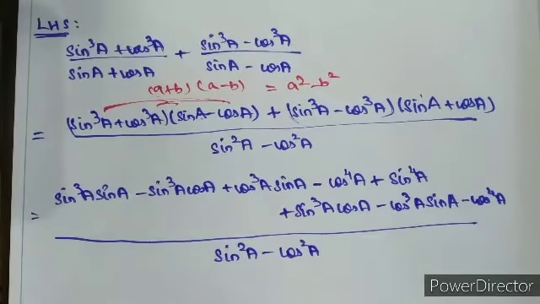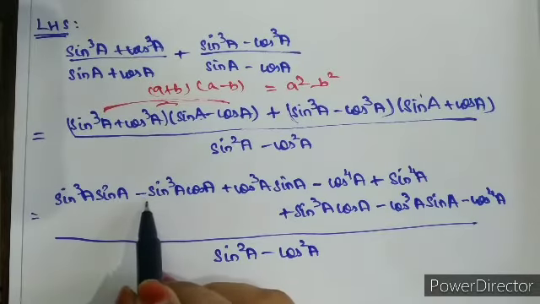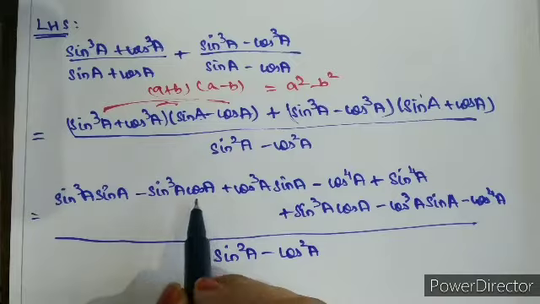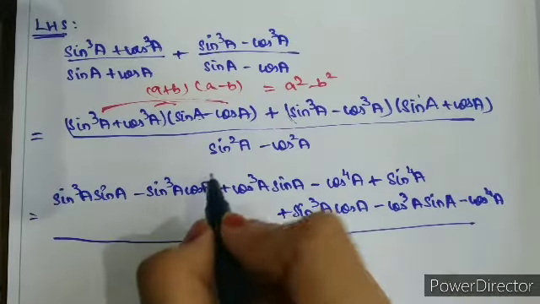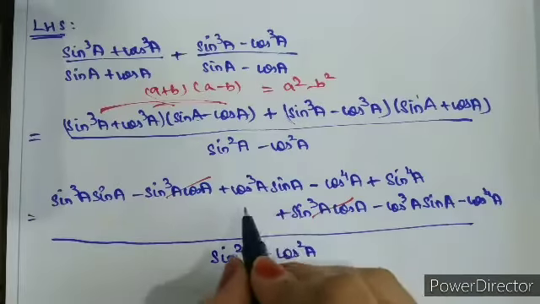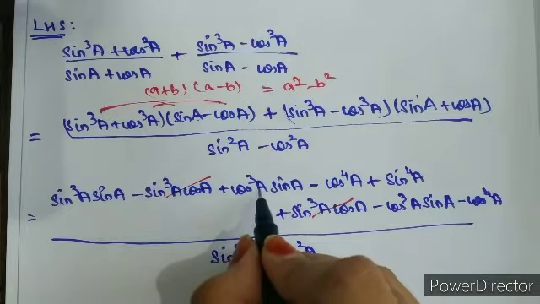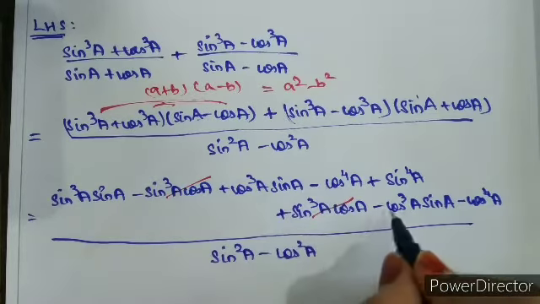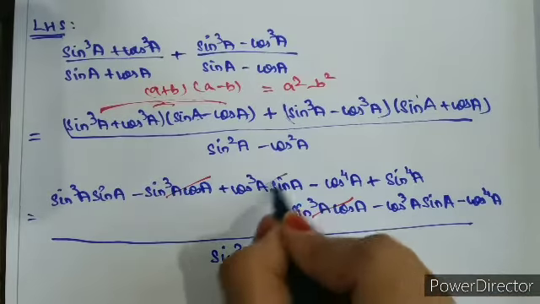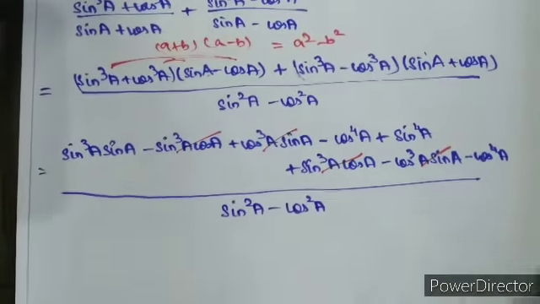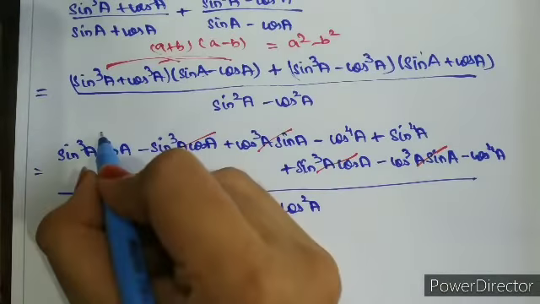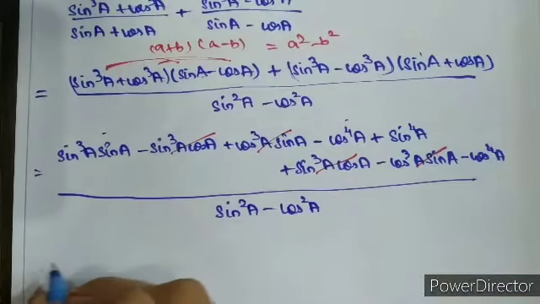So see here in the numerator we have minus sin cube A cos A and plus sin cube A cos A. So we can just cancel it out. And similarly plus cos cube A into sin A and minus cos cube A into sin A. So just cancel it out. The balance are just 4 terms.